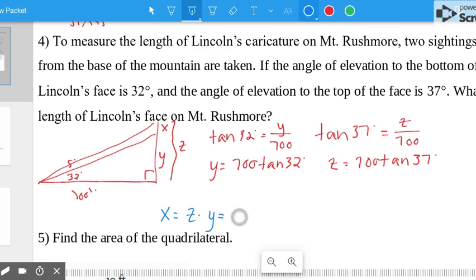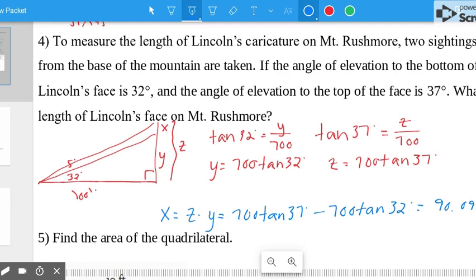So z, 700 tangent of 37 degrees, minus y, 700 tangent of 32 degrees. And if we type all of that in, we get approximately 90.09 or 0.1. And again, this is in feet.